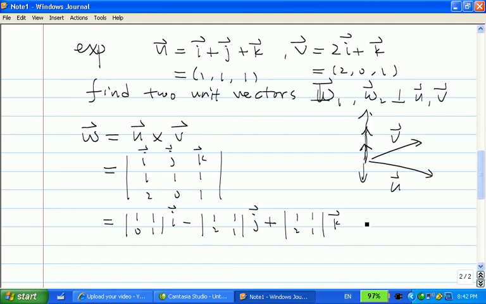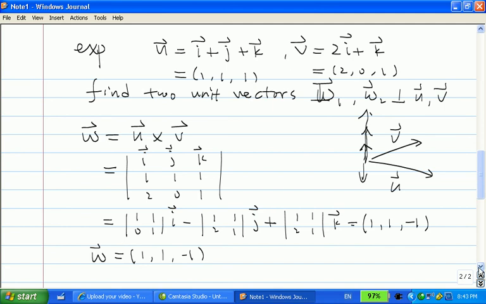So the first determinant gives you 1, the second one gives you 1 minus 2, so minus 1, with another negative sign gives you positive 1. The third one, 1 times 1 minus 2 times 1, gives you minus 1. So we find W. W here is 1, 1, and negative 1.